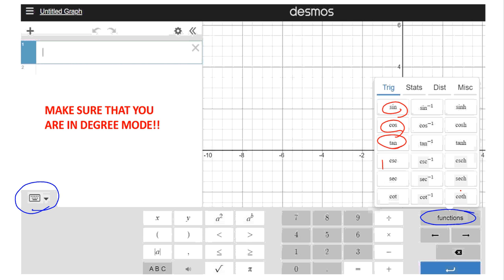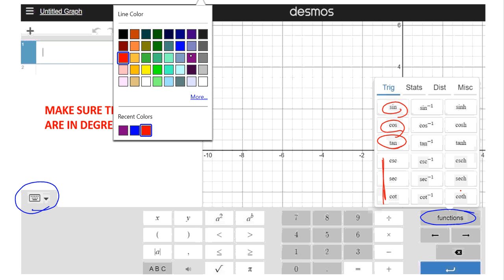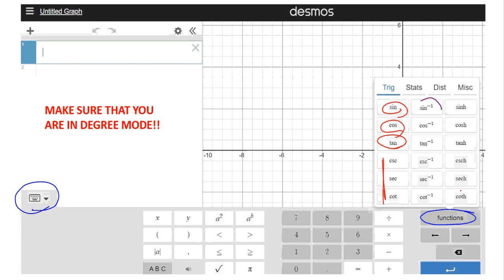Desmos is nice because it has these guys too, but you don't need those because you can just always flip reciprocals. I guess they'd be nice if your answer was in decimals, but they're not necessarily necessary. So these are the regular ones. And then if you want to do the inverse ones, that's these.